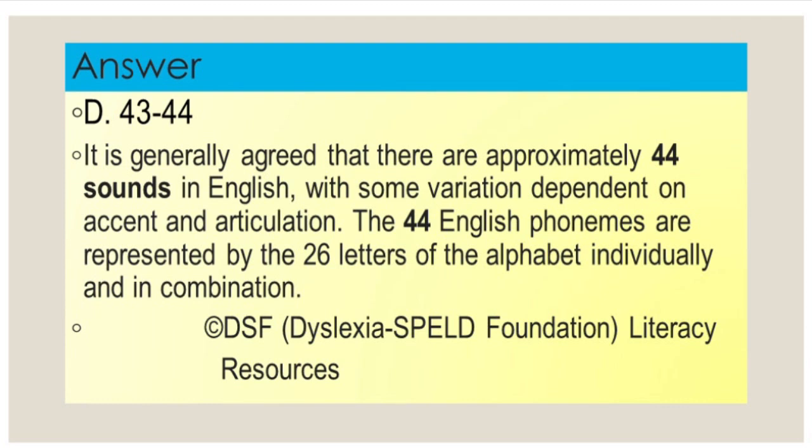It is generally agreed that there are approximately 44 sounds in English, with some variation dependent on accent and articulation. The 44 English phonemes are represented by the 26 letters of the English alphabet, individually or in combination.